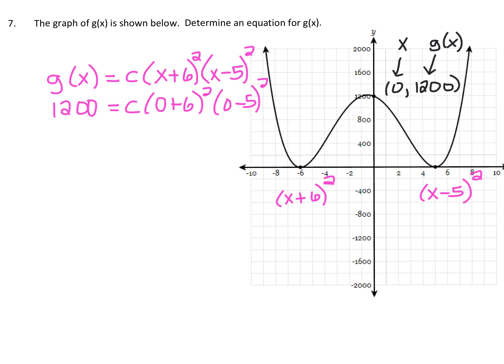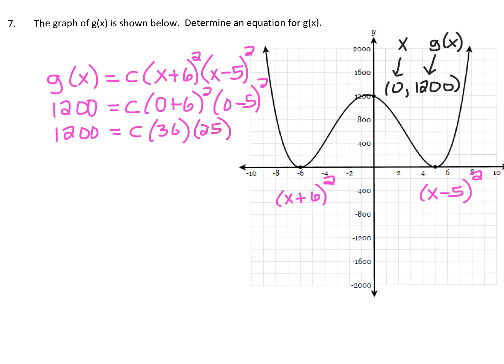So let's first bring down the 1200, and then the equals c. And then 0 plus 6 is 6, and 6 squared is 36. Okay, and then 0 minus 5 is negative 5, and negative 5 squared, remember when you square something, it's always positive, is positive 25.